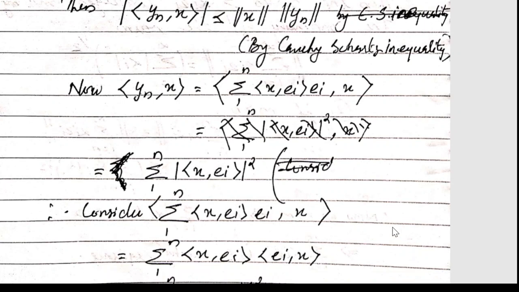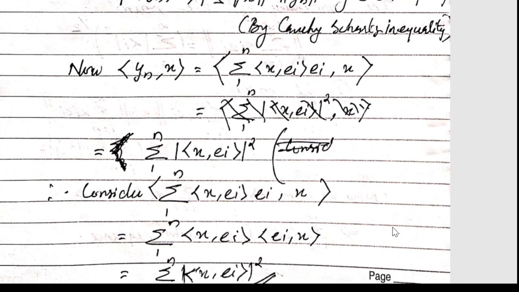Now this is equal to the sum. If you want, you can also expand. So first I am doing it without expansion, and next I will do the expansion of the summation. So the sum from i equal to 1 to n of the inner product of x and e_i, which is a constant, into the vector part, the inner product of e_i and x.